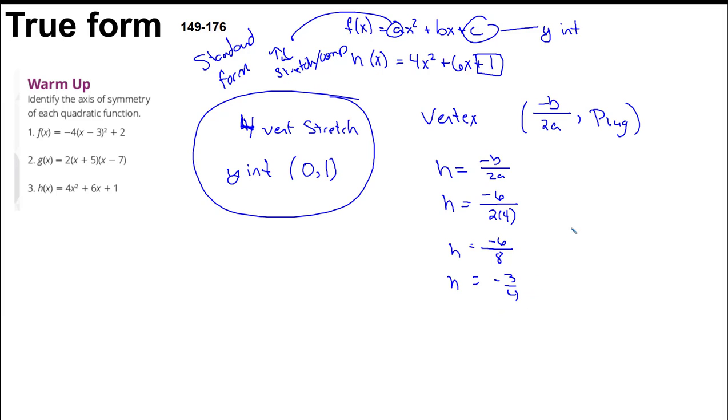And then you would plug that in to find your y value. 4 times negative 3/4 squared plus 6 times negative 3/4 plus 1.